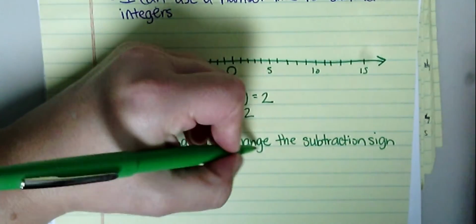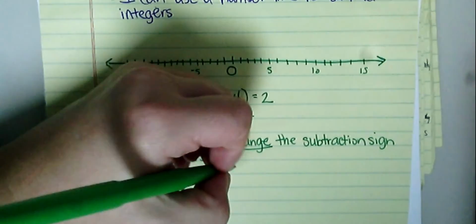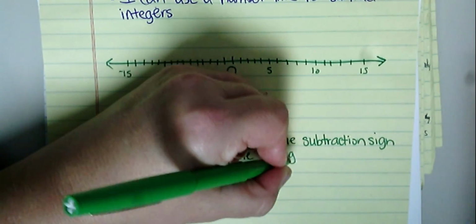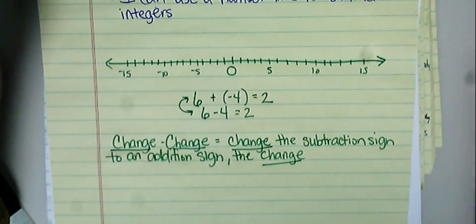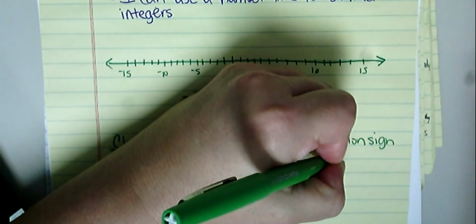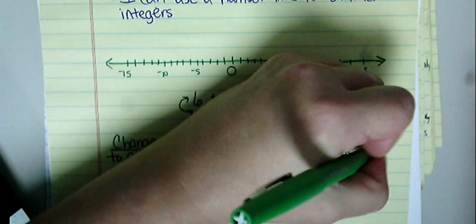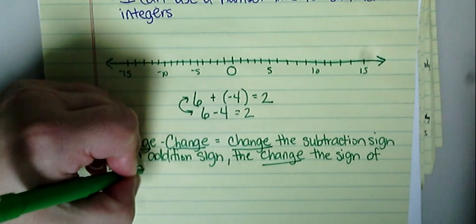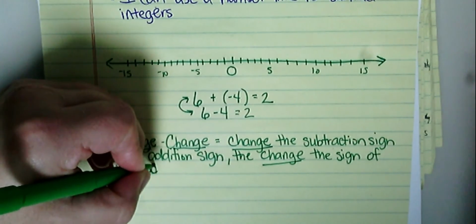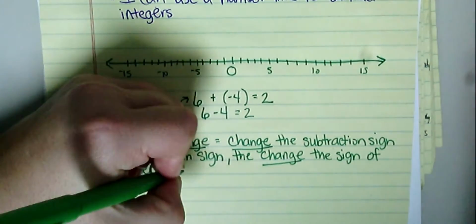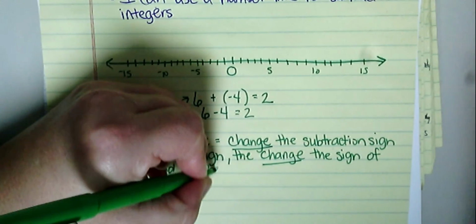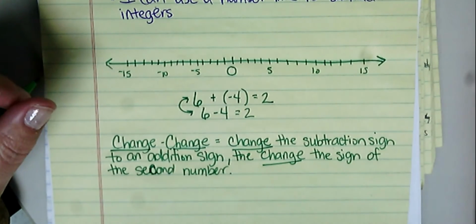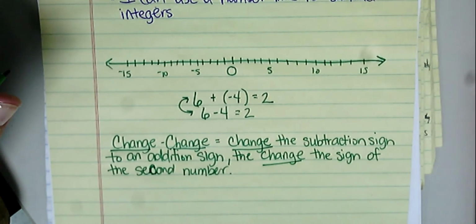That's your first change, okay? First change. Then change, that's your second change. Change the sign of the second number. Okay, so change. That's slang for this rule. So this is what we call the change rule.